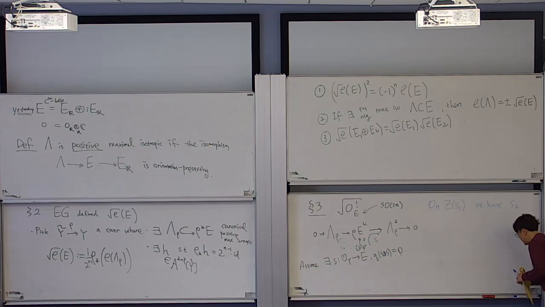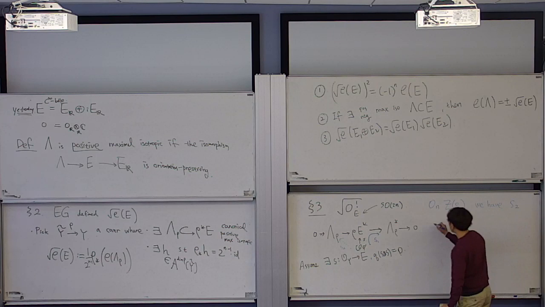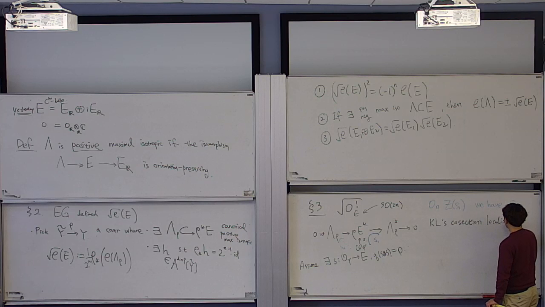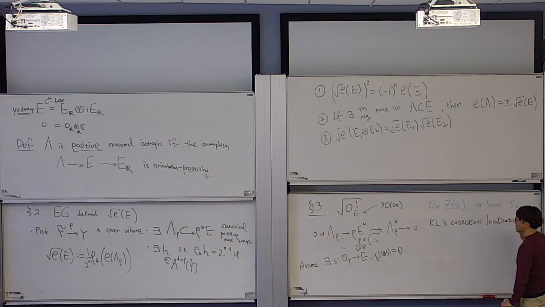Then what Kim and Lee define is cross-section localization.